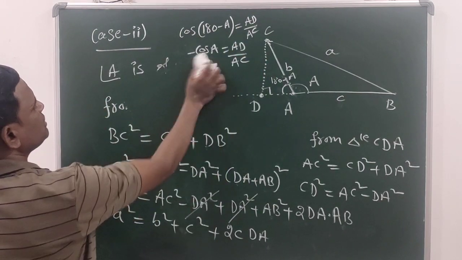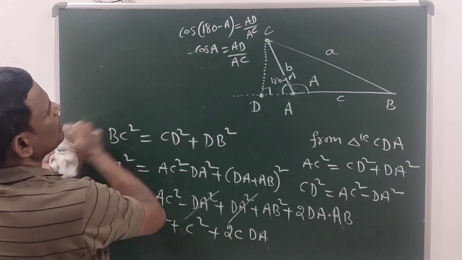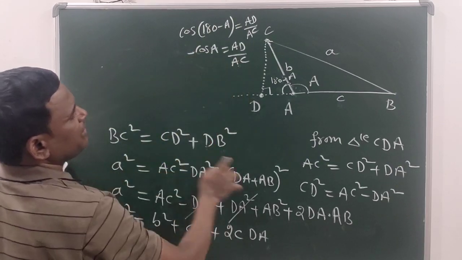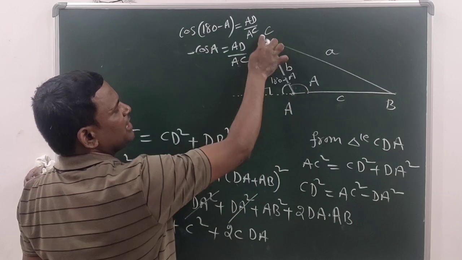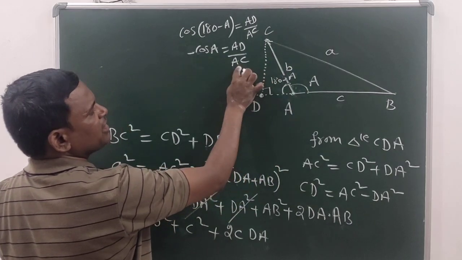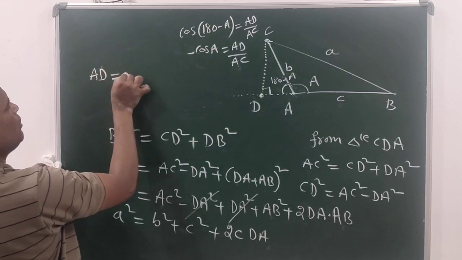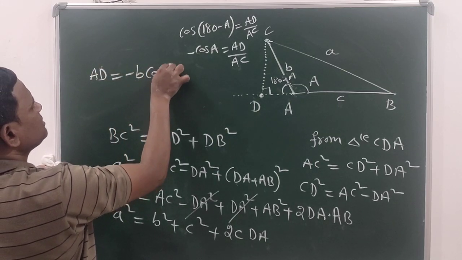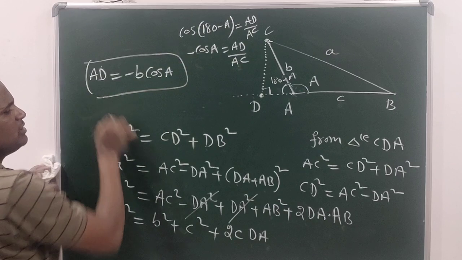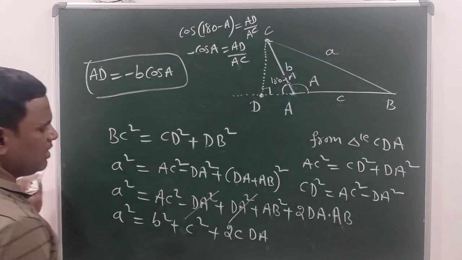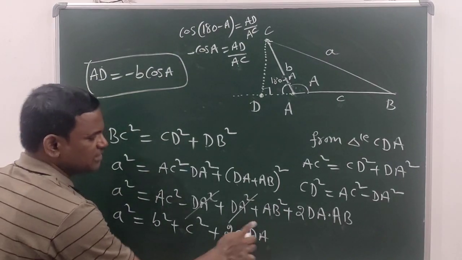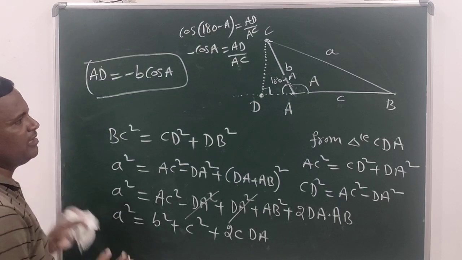Okay, right. Now students, observe this step. AC length is how much? Small b. Now write here small b and bring it to the left side, so that you will get AD is equal to minus b cos A. AD is equal to how much? Minus b cos A. Now in place of this, write minus b cos A.